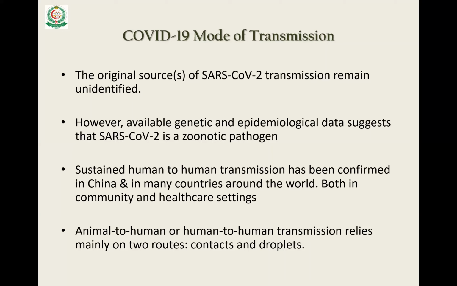However, available genetic and epidemiologic data suggest that SARS-CoV-2 is a zoonotic pathogen. And then sustained human-to-human transmission has been confirmed in China and in many other countries around the world, both in the community and in the healthcare setting. So animal-to-human and human-to-human transmission relies mainly on two routes: close contact and droplets.